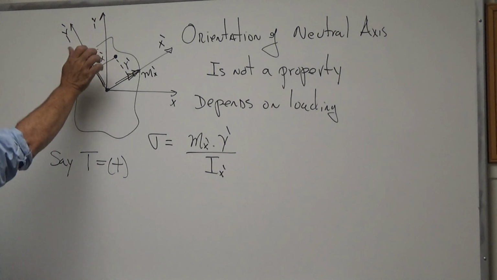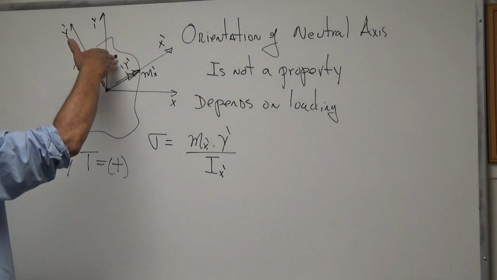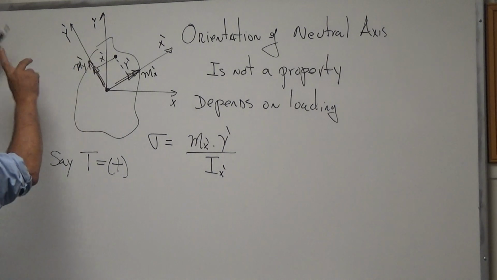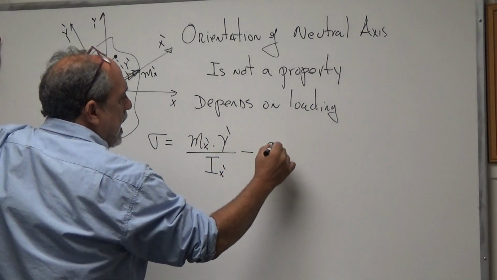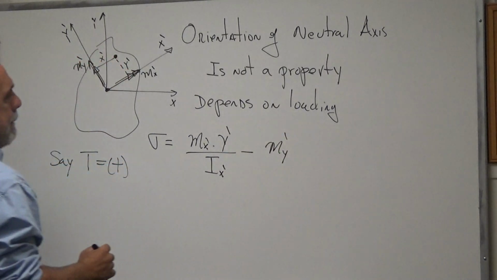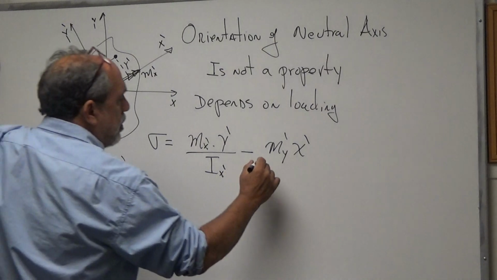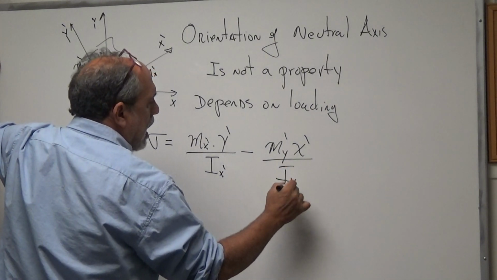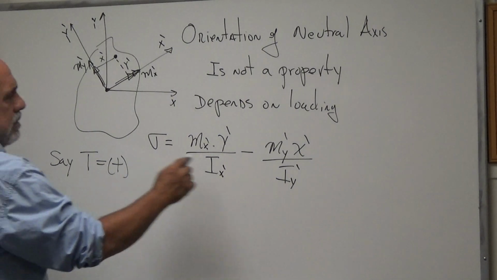If this moment rotates that way, that means the stresses here are going in. So that would be compression for My prime, and so it would be minus. So then it would be My prime, the distance would be x prime, and the inertia would be Iy prime.